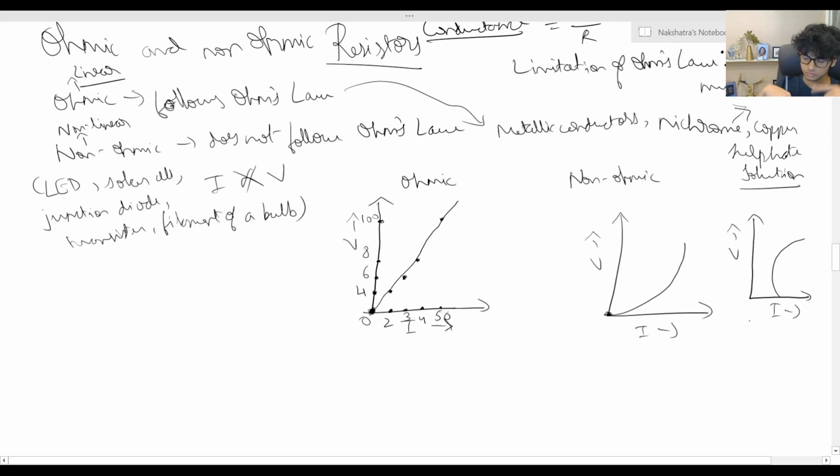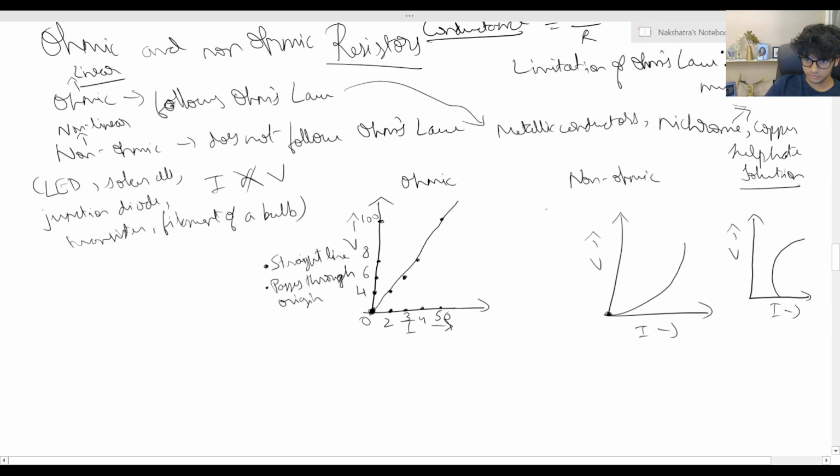So this is why ohmic resistors are always known as linear, because the graph is a straight line and it passes through the origin.